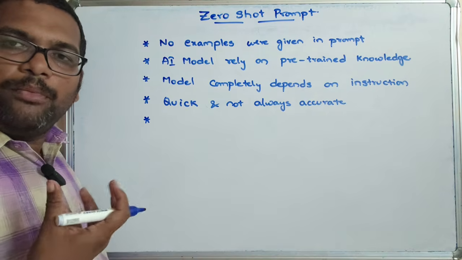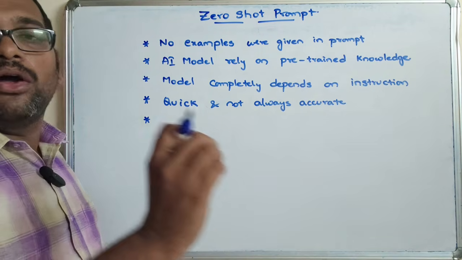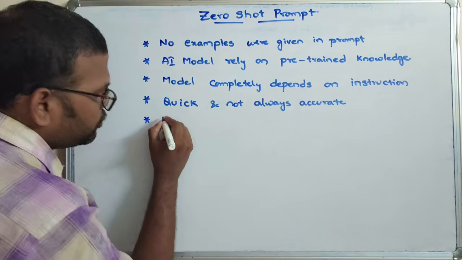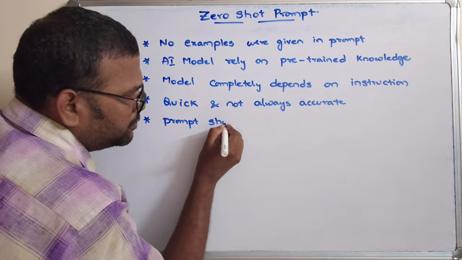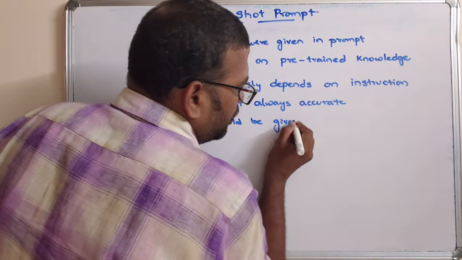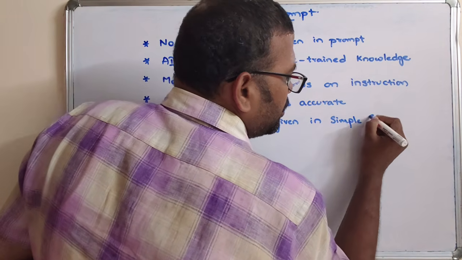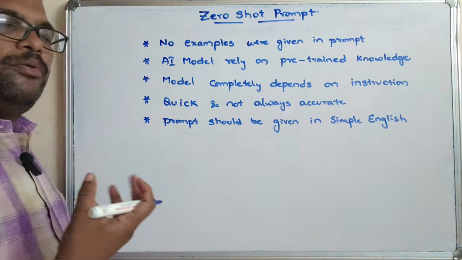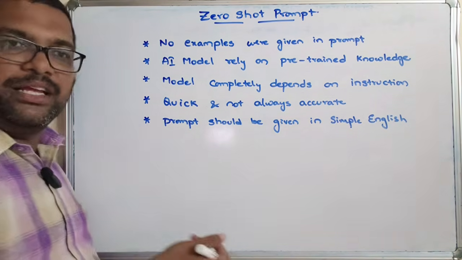And how we have to give the prompt: the prompt should be given as natural language instructions. Natural language instructions means simple language. So the prompt should be given in simple English, because we will write these instructions in English, so we have to use simple English.